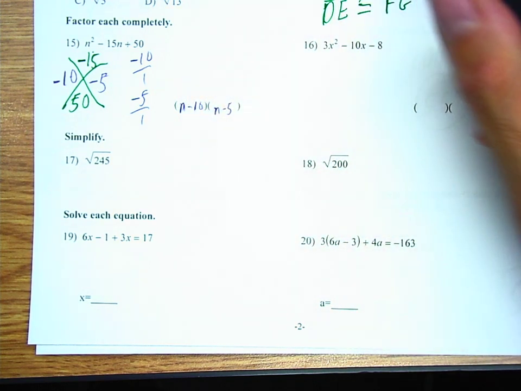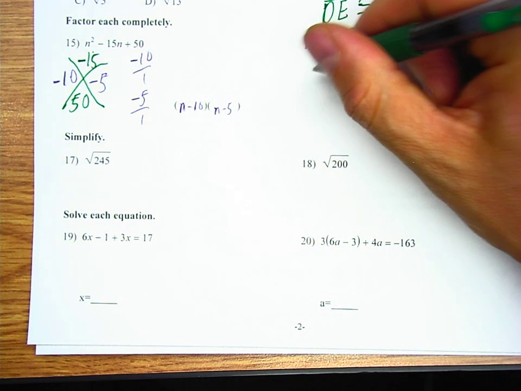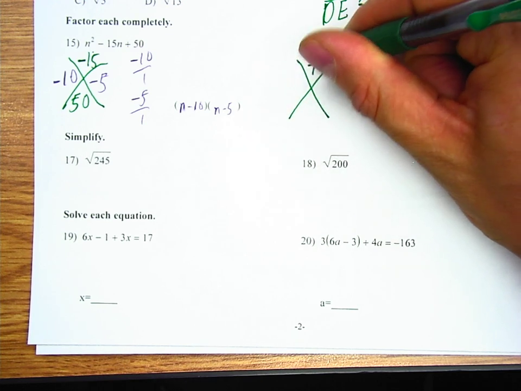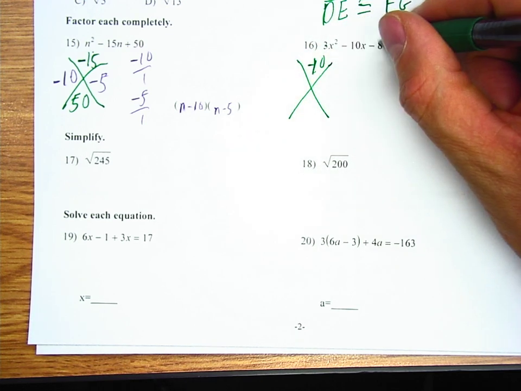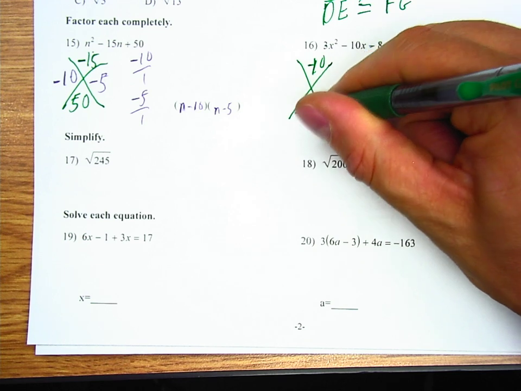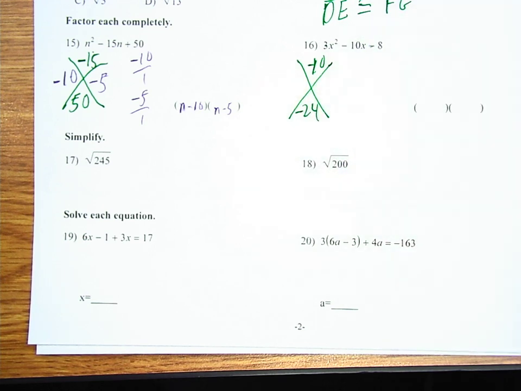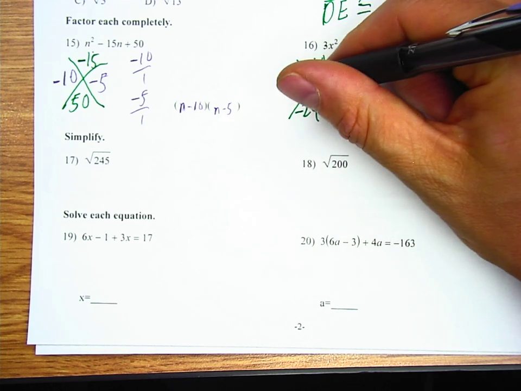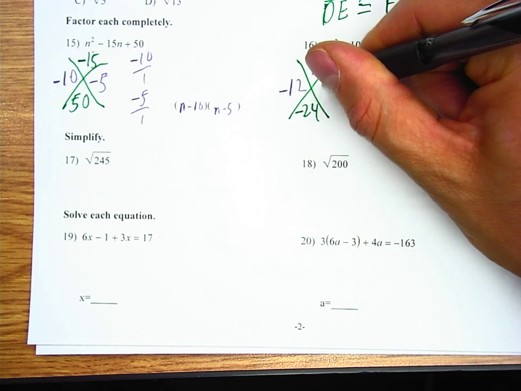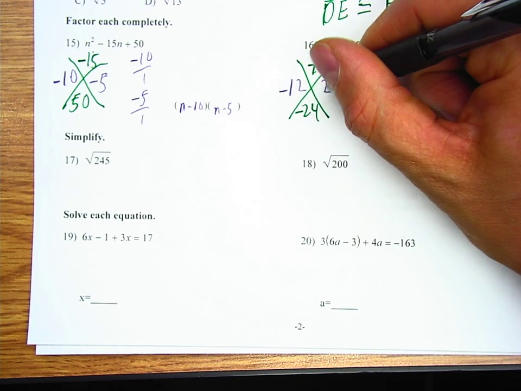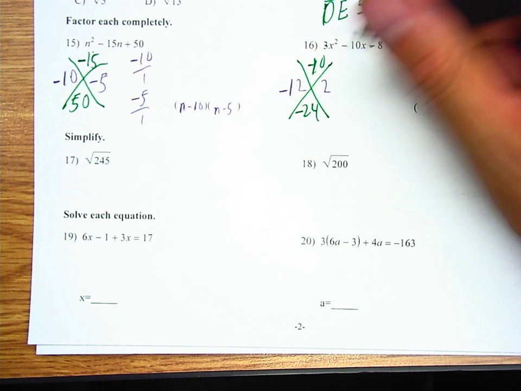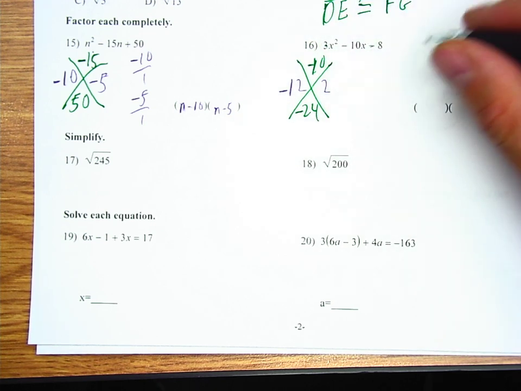Neither of those reduces. Next one, my goal number is negative 10, my value b, and my a times c is negative 24. 3 by negative 8, negative 24. So to make that negative 10, I'm going to have to go with 12 and 2. Negative 12, positive 2, because negative 12 times 2 is negative 24, and then negative 12 plus 2 is negative 10x.